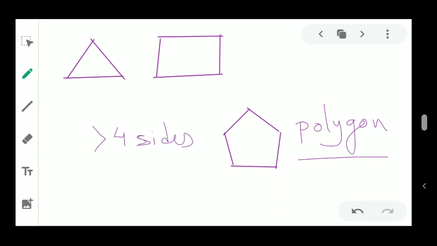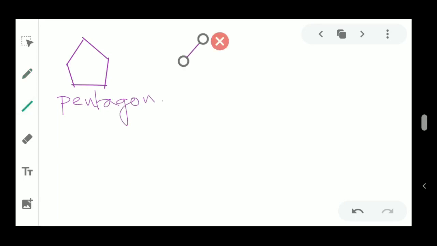So if something has more than 4 sides, it is called a polygon. Now depending on the number of sides, there are many kinds of polygons, like I'm just telling you. Let's say if you have 5 sides like this, then it is called a pentagon. If you have 6 sides like a honeycomb, then it is called a hexagon.